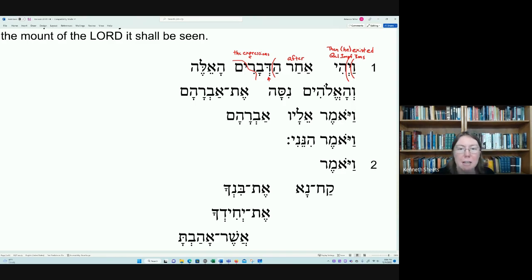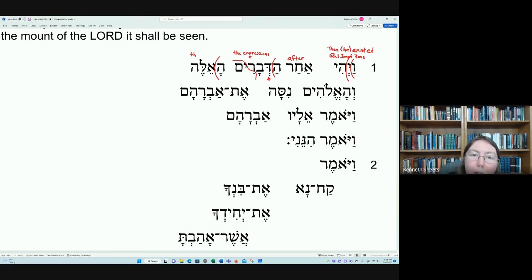Which expressions? Ha'ela. Notice that there's the article again. Hey with the patach followed by a dagesh forte. But the dagesh forte would have gone inside of the aleph, which is a guttural, and it therefore rejected the dagesh forte, resulting in a lengthening of the vowel. And thus we have ha'ela, and ela is a demonstrative adjective. These, we would say.